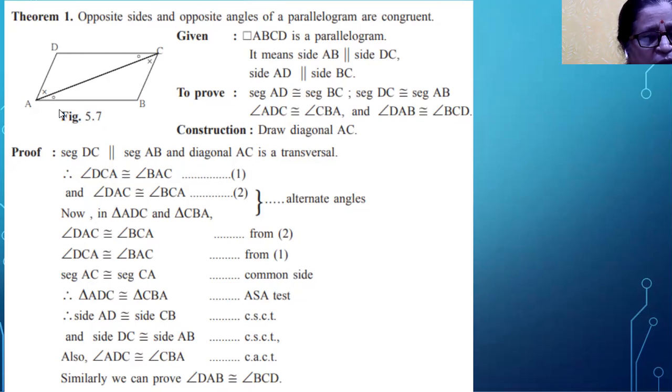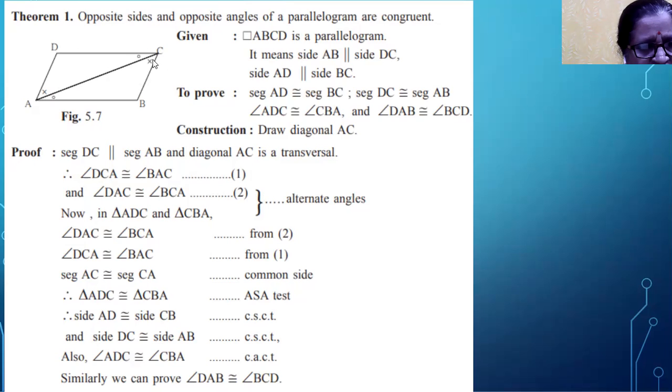Construction: draw the diagonal AC. Here it is drawn in this figure. Segment DC is parallel to AB and diagonal AC is a transversal. This DC and AB are parallel lines, and AC is a diagonal, so this diagonal is working as a transversal.